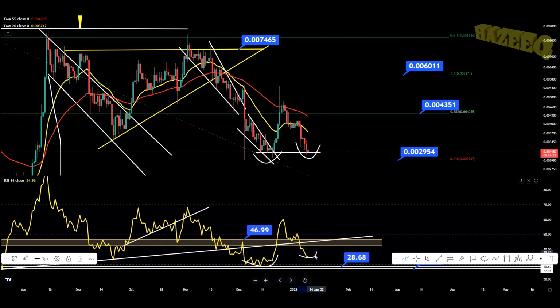And we have the second low here on the RSI, but you can see that the second low on the RSI is higher than the low on the price action. So here you have a straight line, but here it's a higher low basically. So this is a bullish divergence.